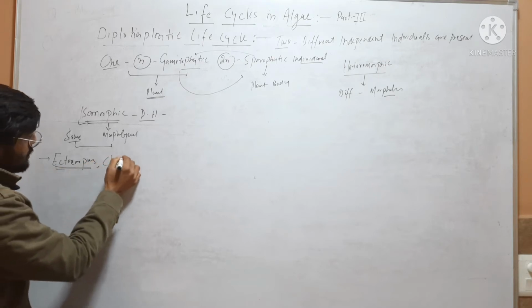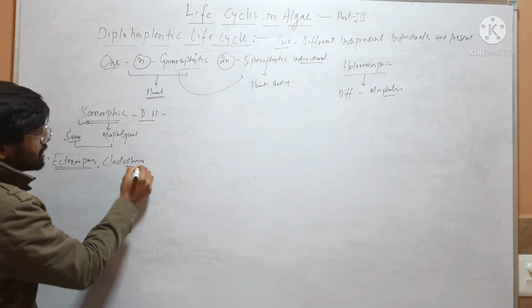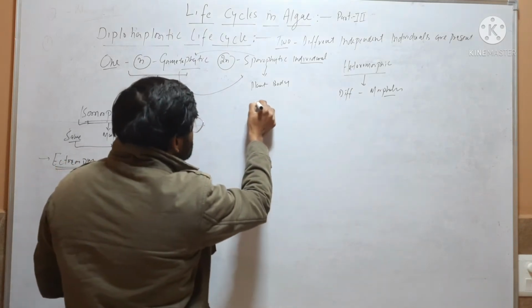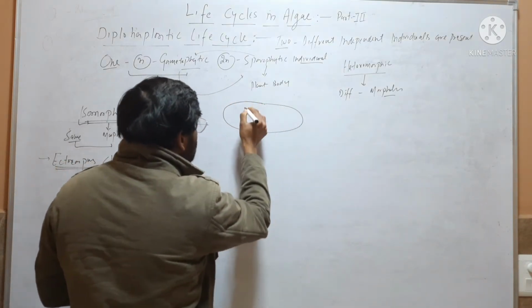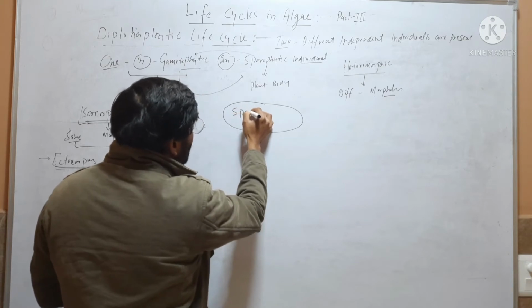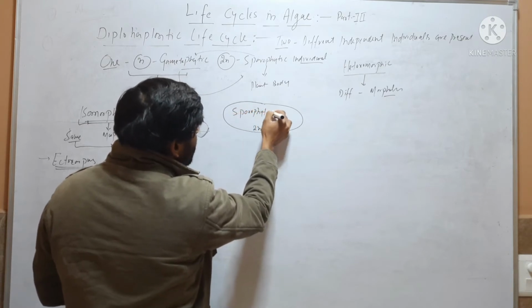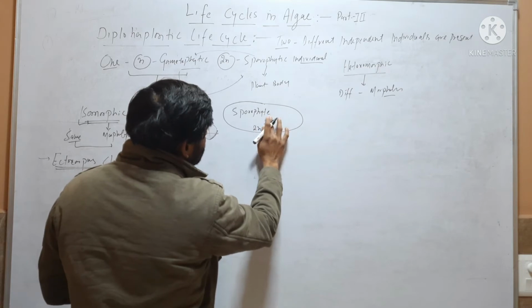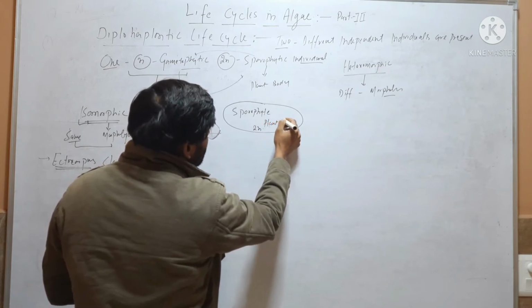Ectocarpus, also in Cladophora. So suppose this is a plant body, one plant body, that is 2n. The 2n plant body is called the sporophytic plant body.